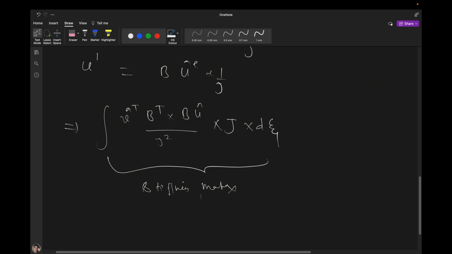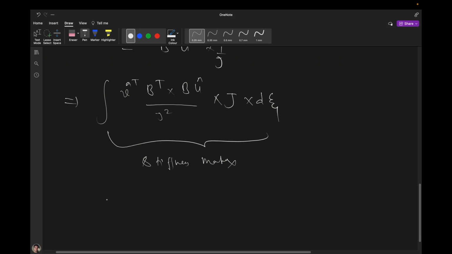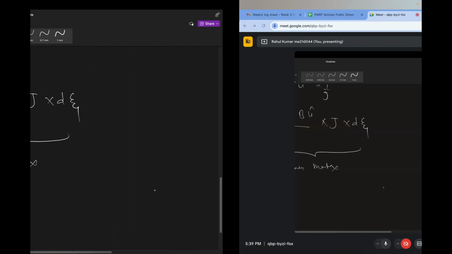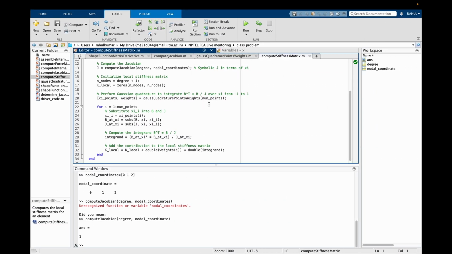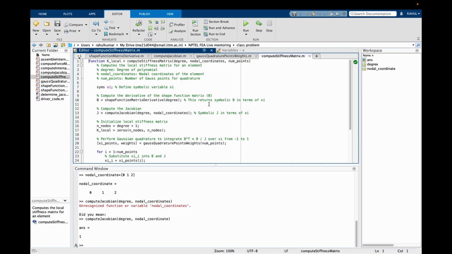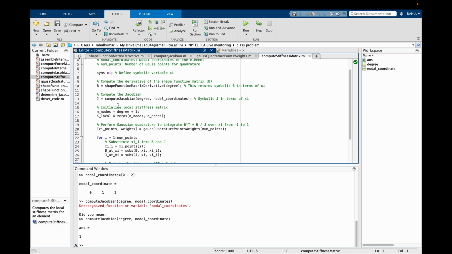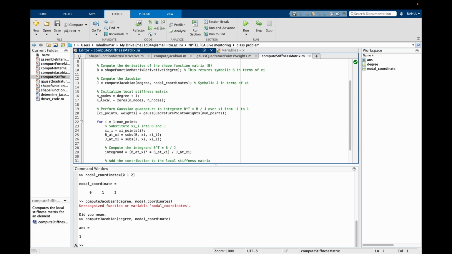Okay, now we will go to the code. This is your K. So this is your stiffness matrix. Here you can see that B is nothing but the derivative, J is the Jacobian, and N is the node count, which is the degree plus 1.